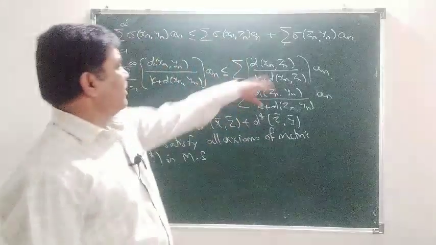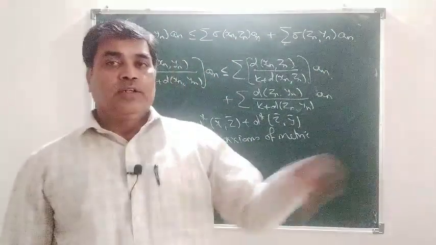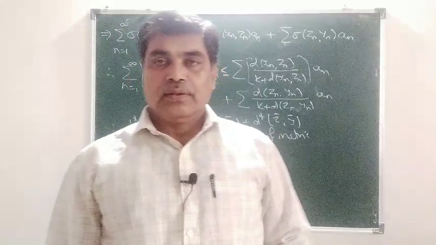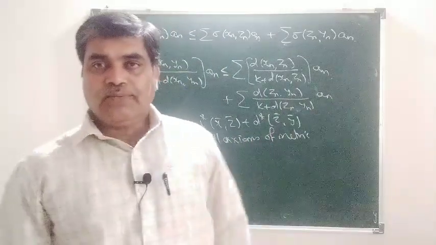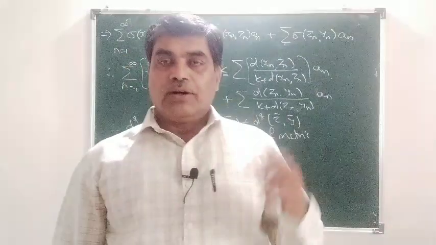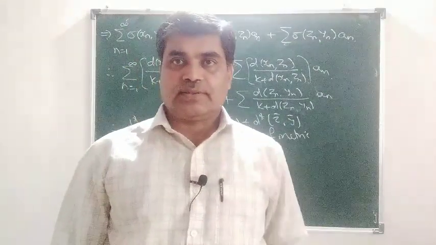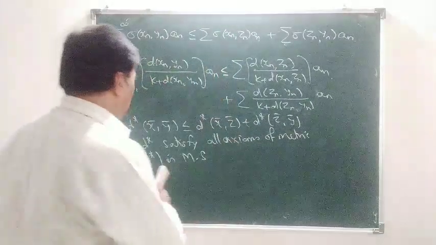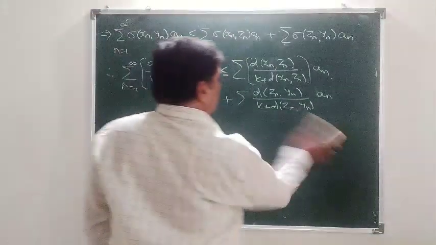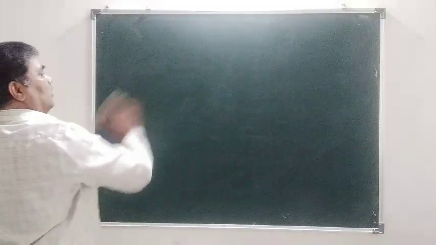So if I take a to be 1 upon a raised to n here, with a lying between 0 and 1, then this gives rise to infinitely many metrics on the class of sequences defined on set X. Very useful example. Now on a collection of sets we'll define one metric.